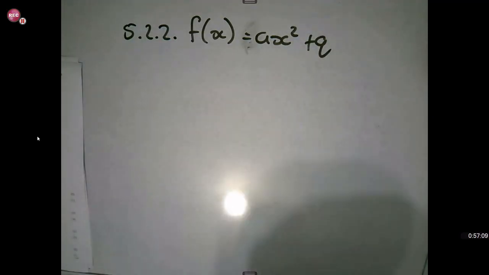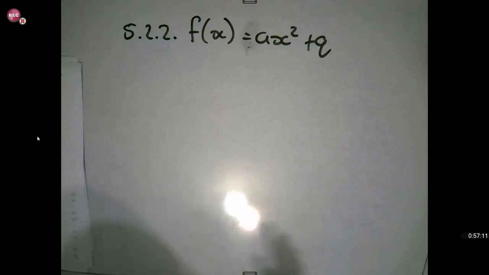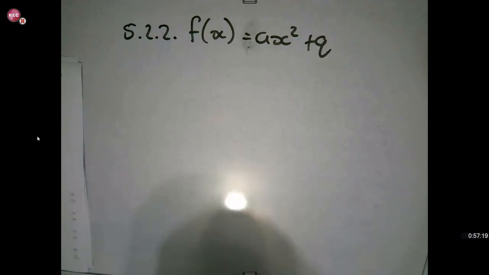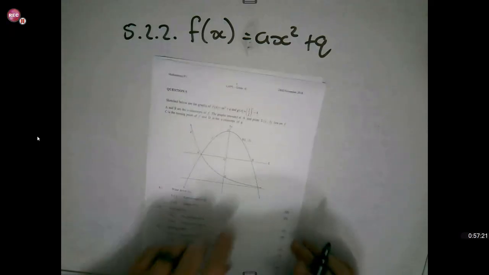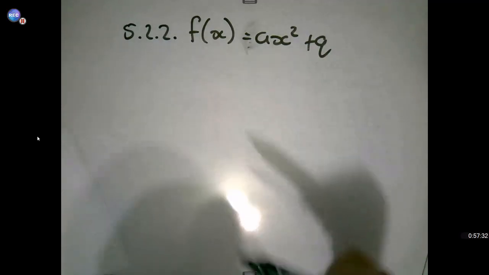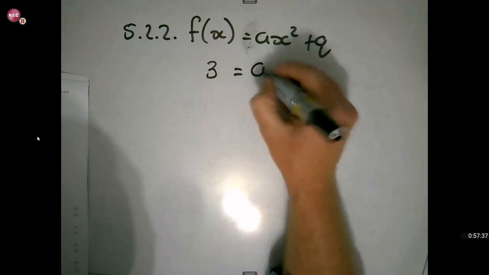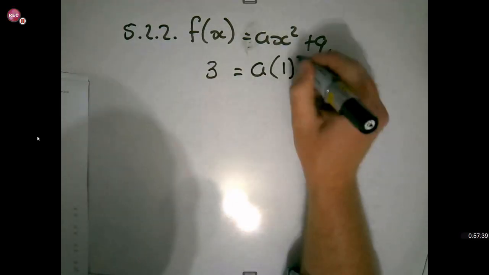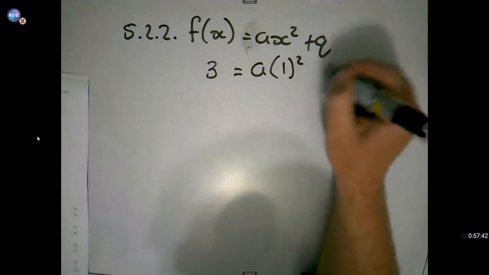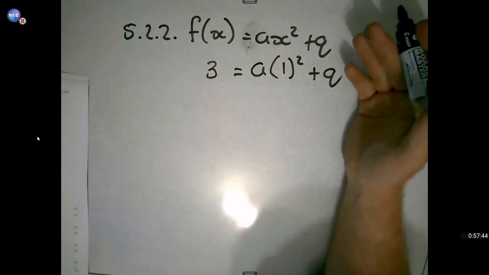We need to calculate the values of a as well as q. On your actual question paper, on the f graph, you've got 2 points. You'll use these 2 points to calculate the missing values. So the 3 we'll put in there. We've got a, the x value is 1, and then we've got plus q at the back, which doesn't have a value at this stage.